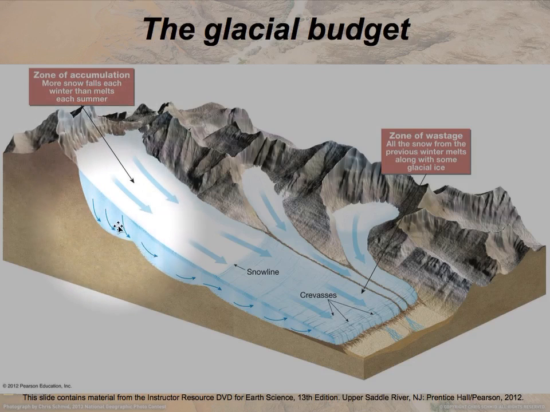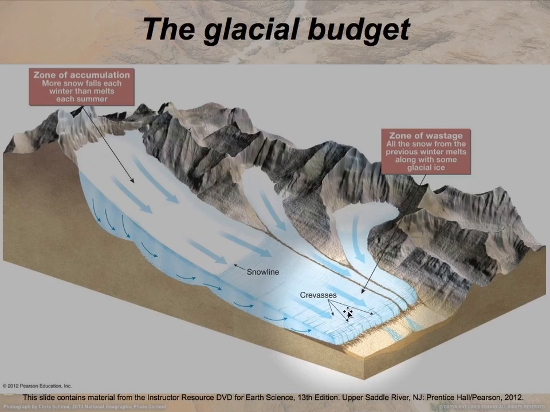Flow is always downhill, gravitationally driven. And eventually you get to the point where summertime melt exceeds wintertime accumulation. That line, or region, is the boundary between the zone of accumulation and the zone of wastage.